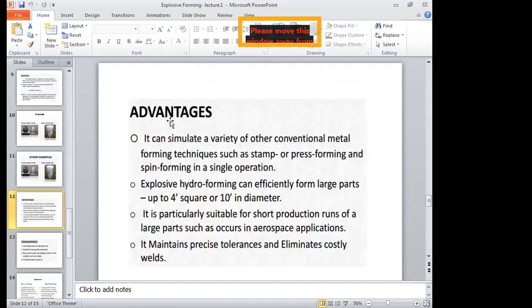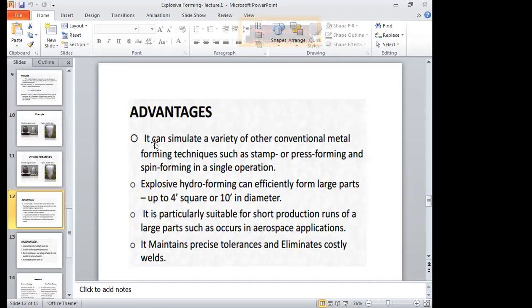Okay, then next see the advantages. It can simulate a variety of other conventional metal forming techniques such as stamp or press forming and spin forming in a single operation.